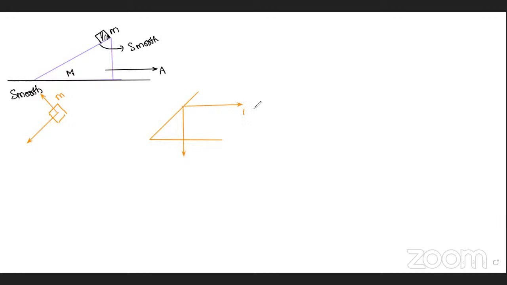This is n sine theta and this is n cos theta on the wedge, and this is n. And this is mg sine theta. By resolving mg into two components, one more you will get here. This is mg cos theta.